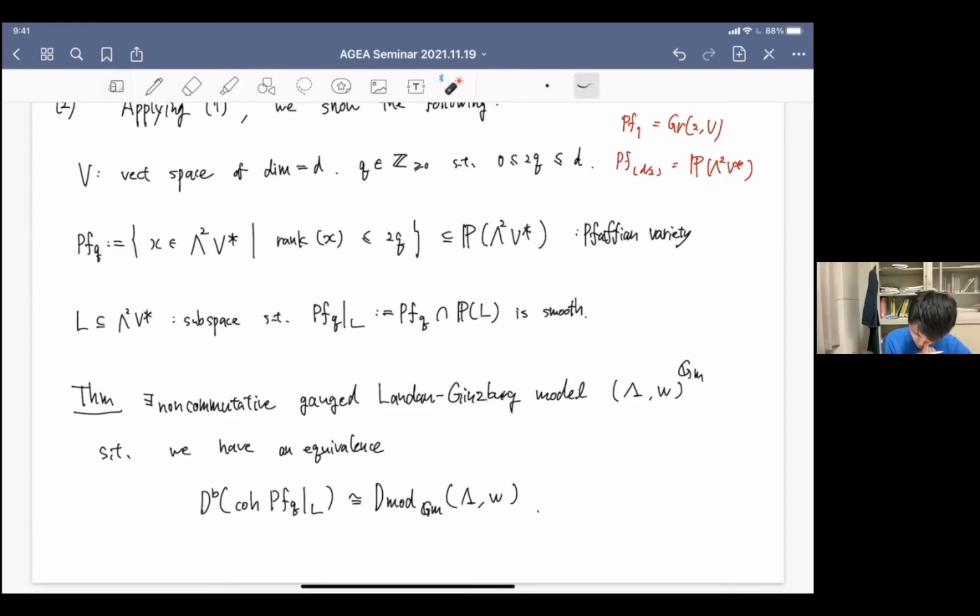But if you consider the derived factorization category, we can apply some representation theory of non-commutative rings to study the derived category of coherent sheaves on a projective Calabi-Yau variety.